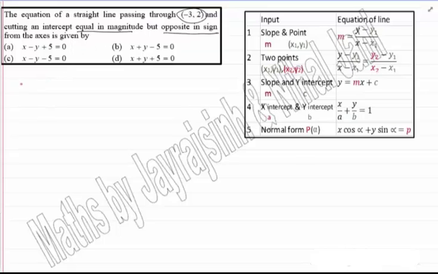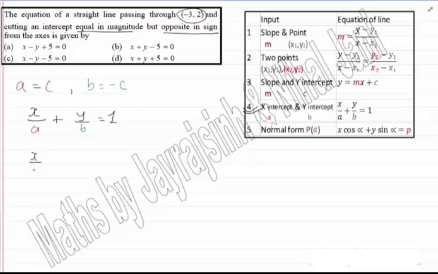It means if we assume our x-intercept is c, then y-intercept b must be minus c. And it is obvious we are going to use the intercept form of equation of line, x upon a plus y upon b is equal to 1, right? Let's put the values of a and b.